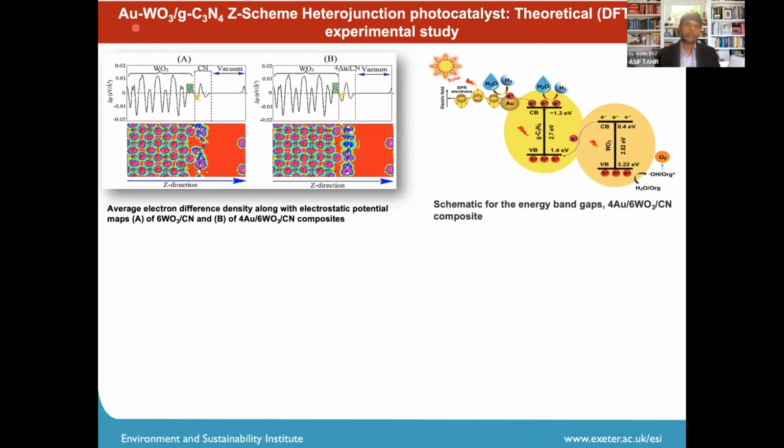The theoretical studies prove that the gold nanoparticles are able to generate surface plasmon resonance and help to absorb more sunlight onto the main material, whereas the band edge positions of tungsten trioxide and gamma carbon nitride are aligned with each other for direct water splitting.